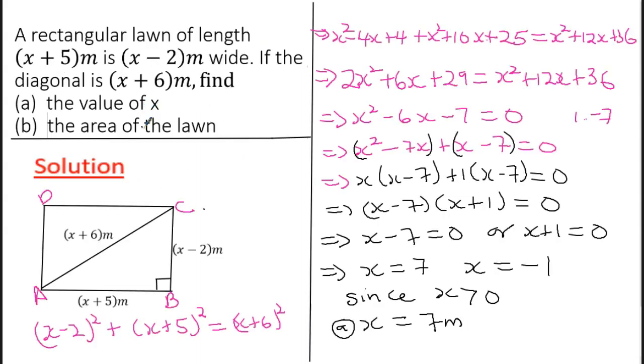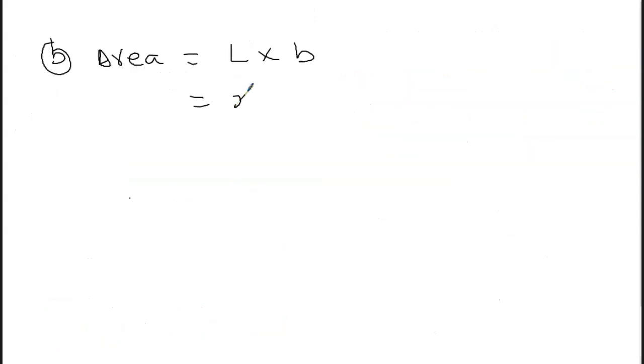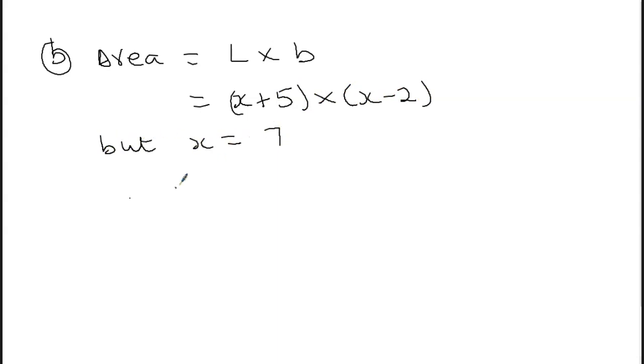Now let's look at the next. We have to find the area. How is the area of a rectangle found? Area is equal to length times breadth. From the question, the length was x plus 5, and the width x minus 2. So we can have it this way: x plus 5 times x minus 2. But x is equal to 7, so we substitute.